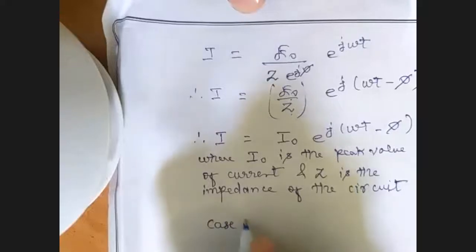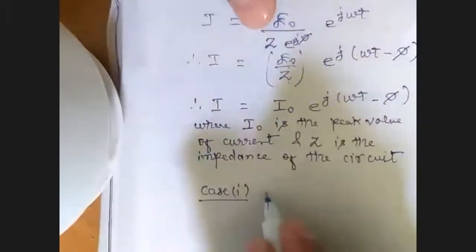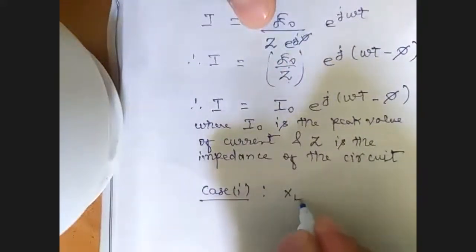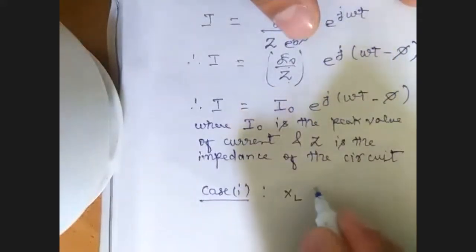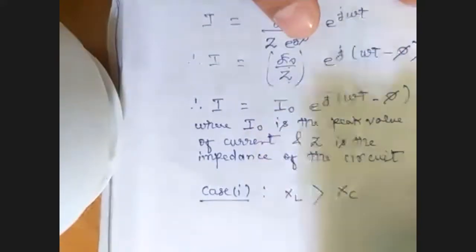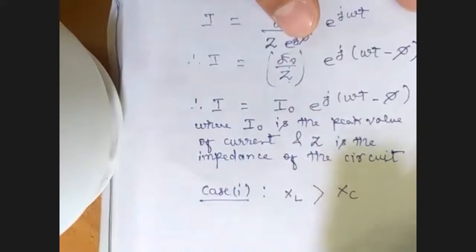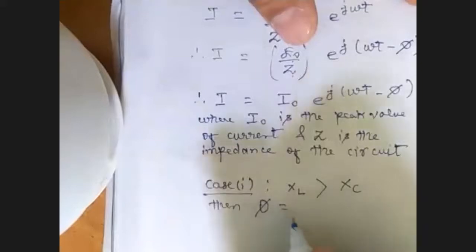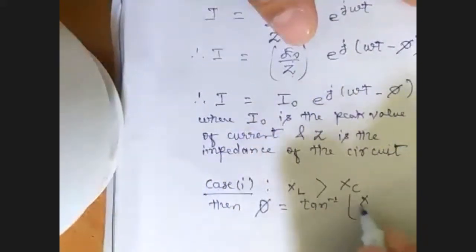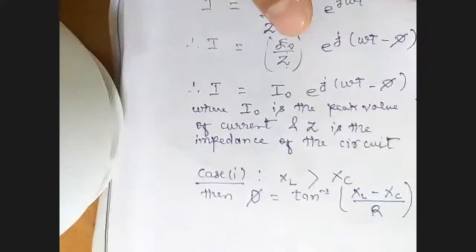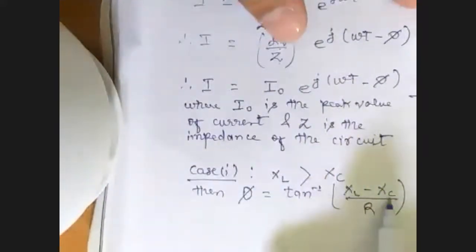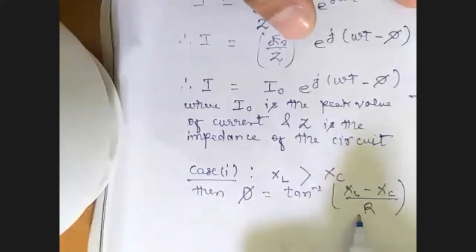So let us consider the different cases. Here we have case 1. In case 1, when the reactance offered by the inductor, that is XL, that is omega L, is greater than the reactance offered by the capacitor, then the value of phi, which is equal to tan inverse of XL minus XC divided by R. Whenever XL is greater than XC, the numerator will be positive and the denominator is also positive.